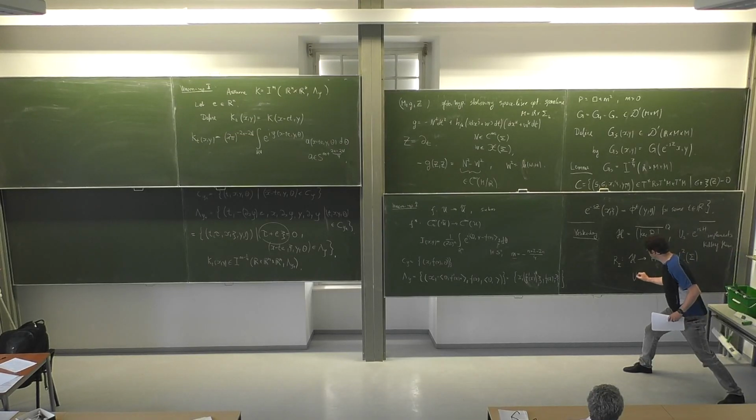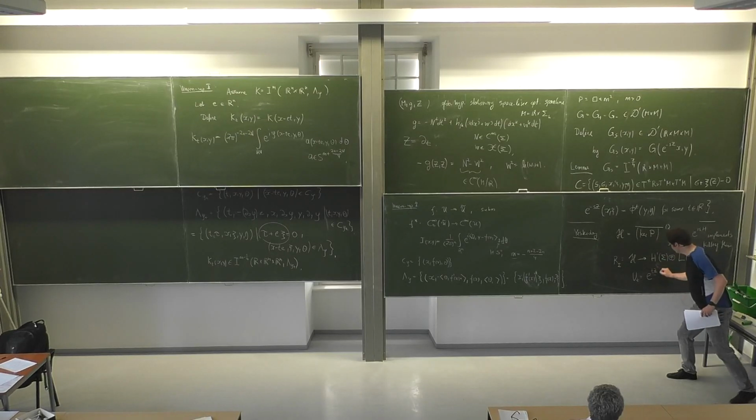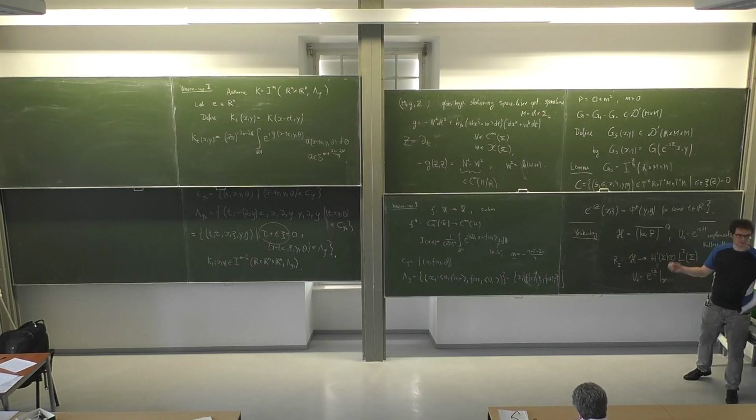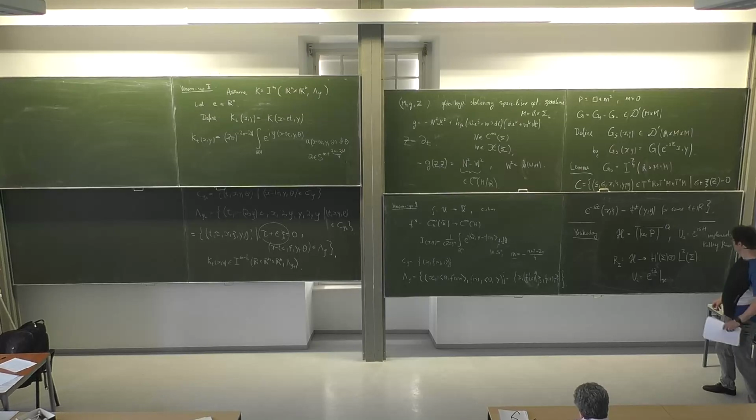It means that U of t is just e to the tZ, but I restrict this to the kernel of P, that is, to H. I take my solution and I flow it. And so I get a one-parameter group that is strongly continuous on this Hilbert space, and that has a self-adjoint generator that I call H.